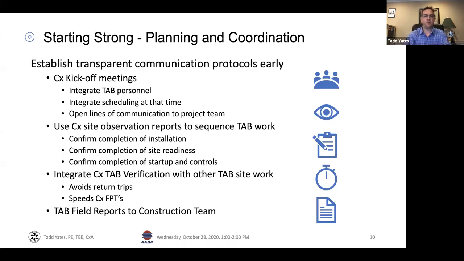One of the things that happens to us is this field report gets there, but not necessarily to the people that need to act on it. When we can establish up front how information is disseminated, it's a great help later on.